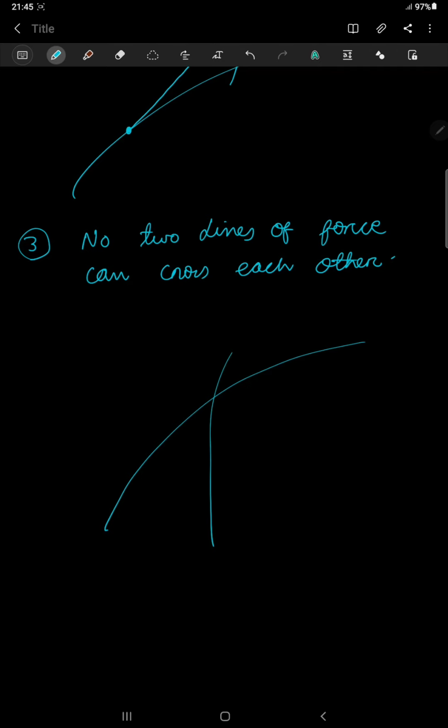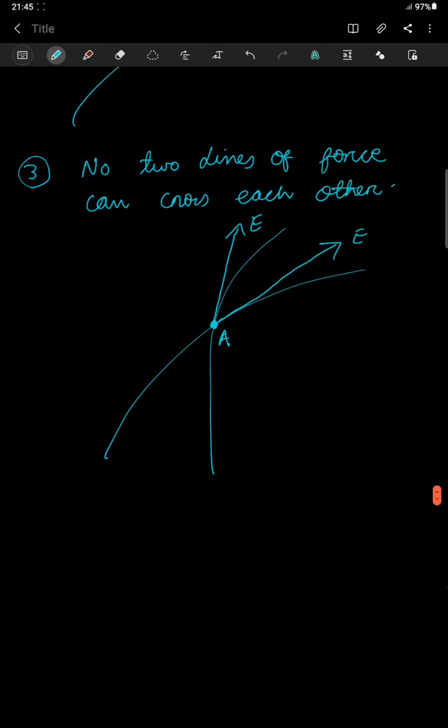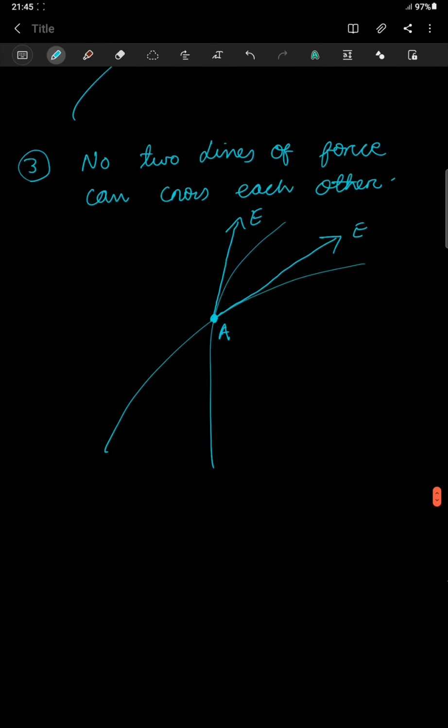Suppose this is one line, this is another line, they intersect at point A. So at the point of intersection, you see there will be an electric field. I'll draw a tangent like this, this will be an electric field, and here also I'll draw a tangent, this will also be an electric field. So at this particular point, what are the directions of the electric field? Two different directions.